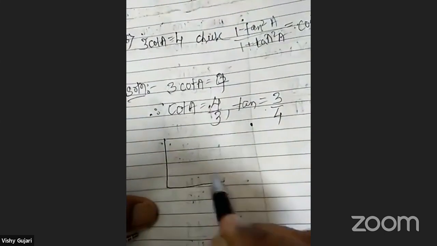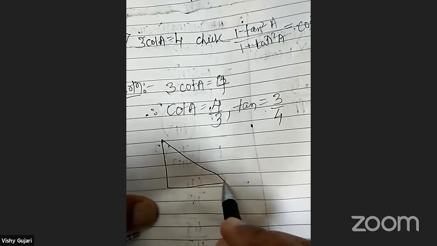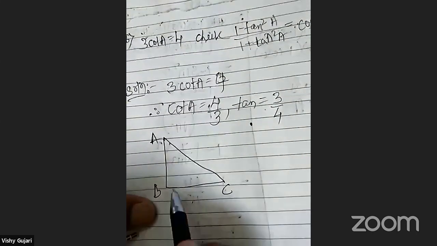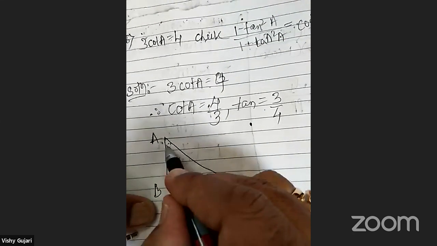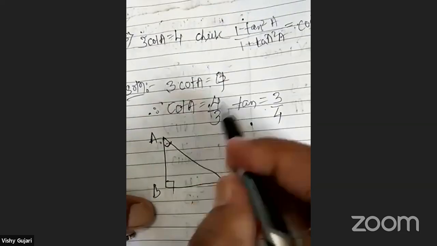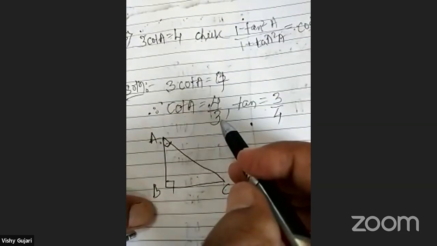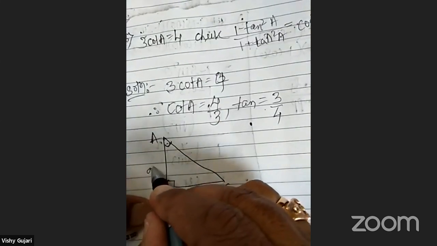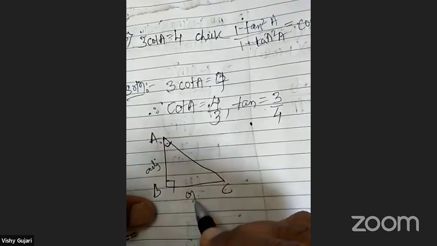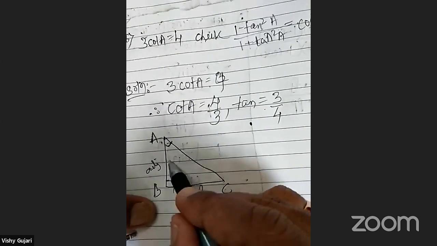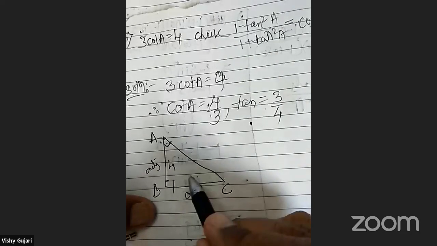Now you are taking a right angle triangle ABC. This is right angle. This is angle A marked. Cot means what? Adjacent by opposite. Adjacent will become AB, this will be opposite. Adjacent is 4, opposite is 3.